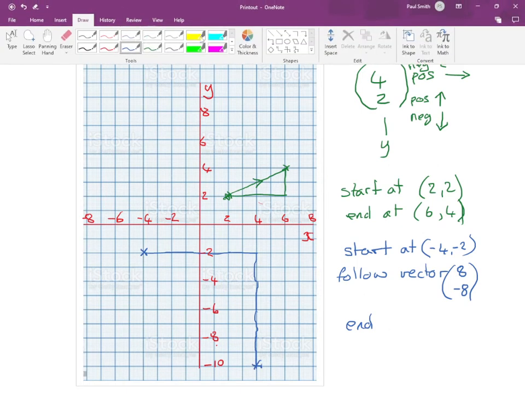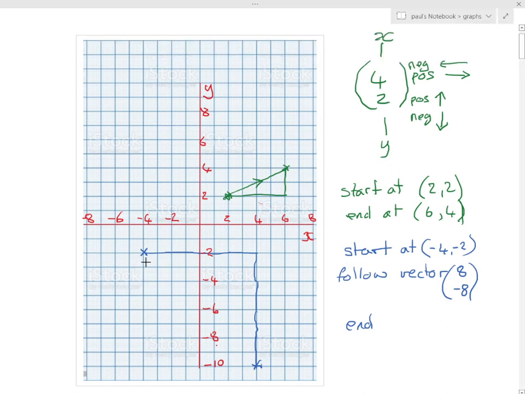And I'll just draw there's our vector. And I'll put an arrow on that because that's the way we're going from the start down to the bottom. And we end up at 4, -10. Good. So we can be asked to do that.